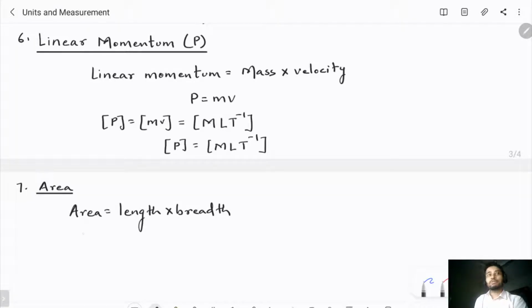So the dimensional formula for area will be same as the dimensional formula for length into breadth. So you can see both length and breadth are basically length itself. So I'll get L into L. That becomes L square.